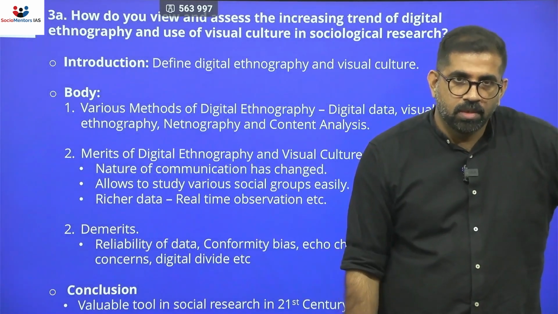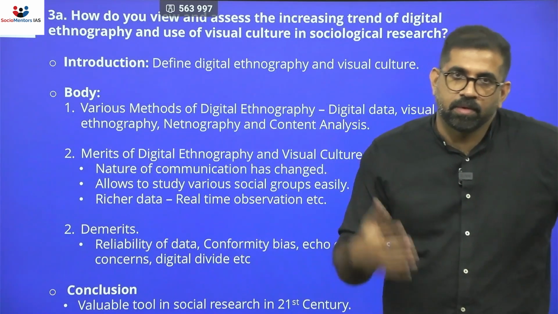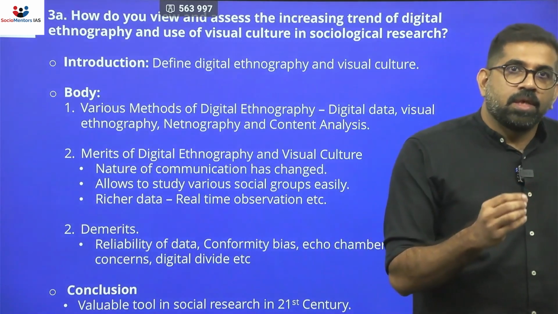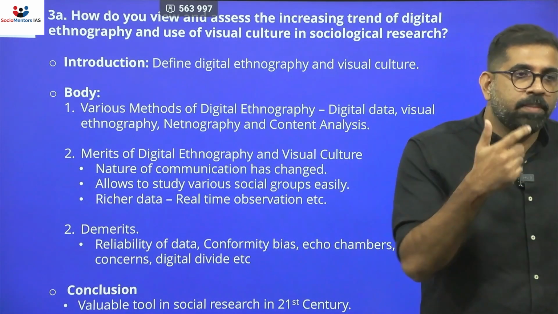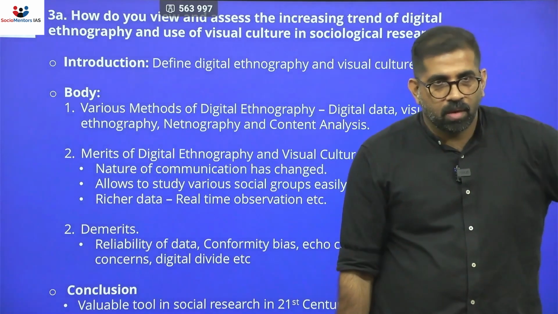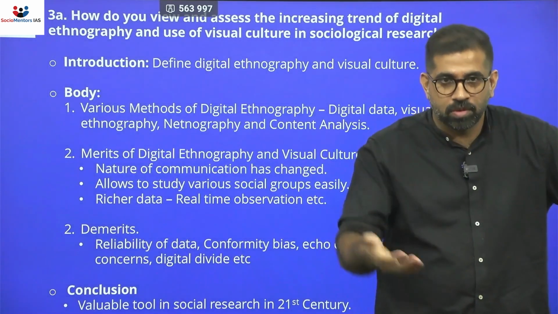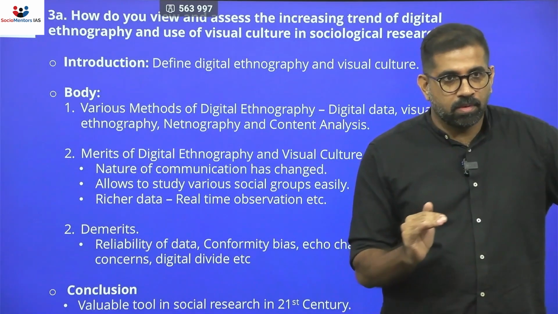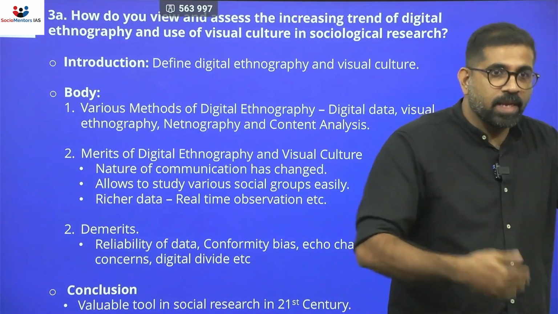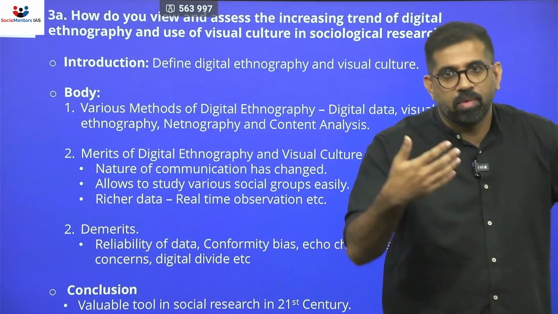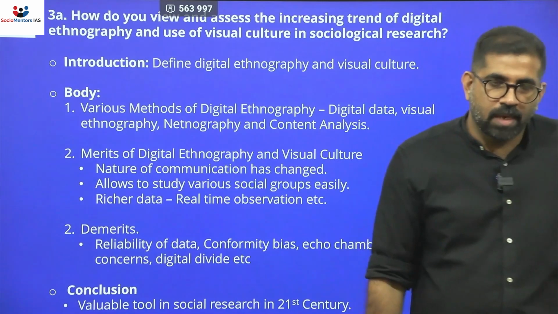See, for example, this is something that you might not have come across in your preparation. Say, for example, if you want to learn about the LGBTQ community, digital ethnography and visual culture is a good source to learn, because it is difficult to find people who belong to the LGBTQ community, and the accessibility to talk to them, to interview them is limited, right?